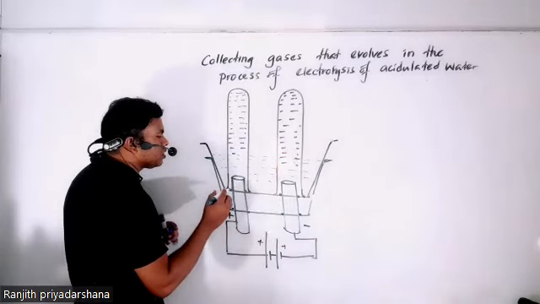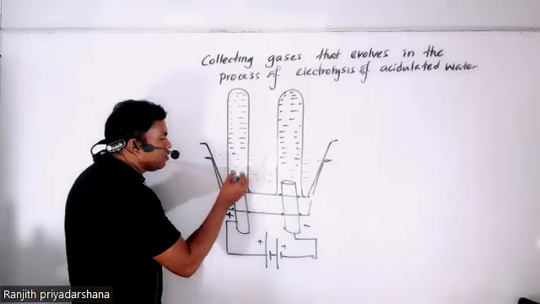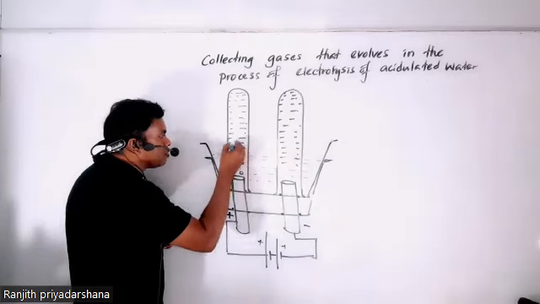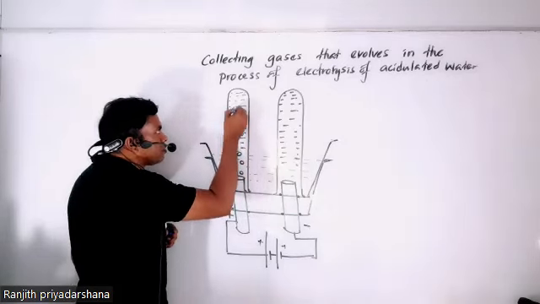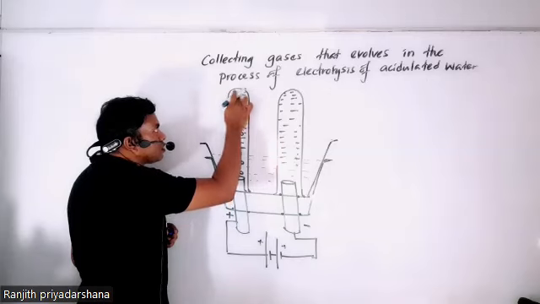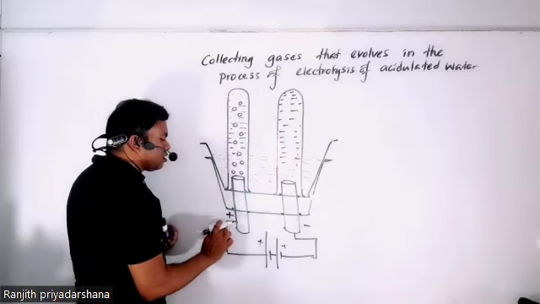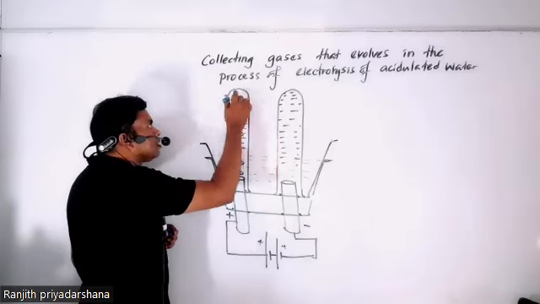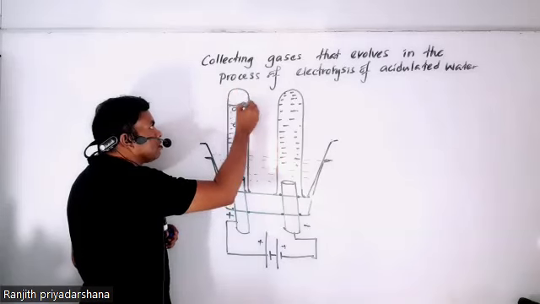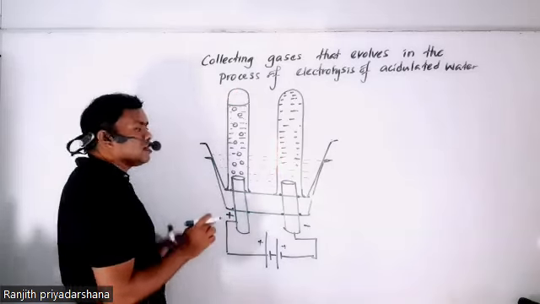Okay, now tell me, you can see evolving of air bubbles from here. And when it goes up, it collects over here. So this is positive, and you can see the collection of some amount of air here.